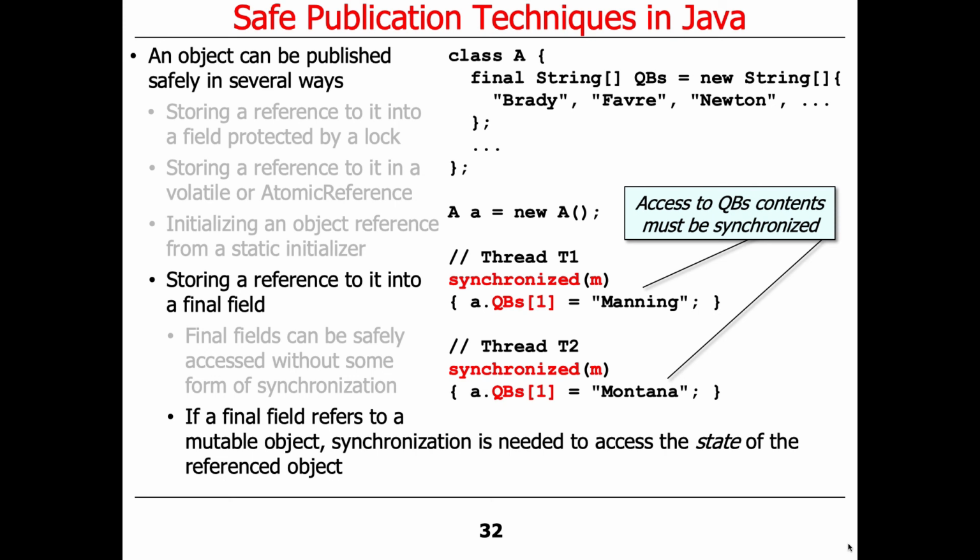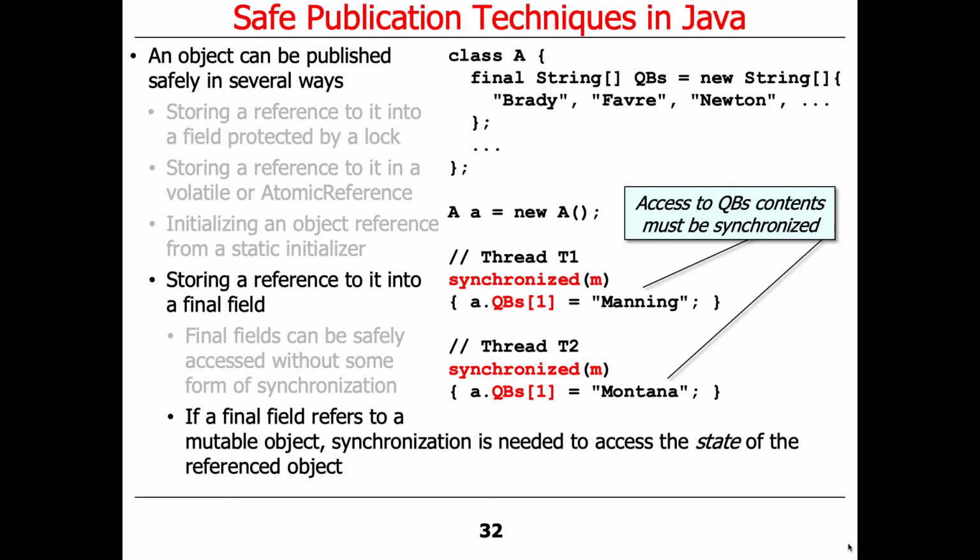Now, QB is final, which means that we can't change what QB references. However, QB sub1, QB sub 0, QB sub 2, those things can be changed. And therefore, if we're going to change them, we have to make sure that they're properly synchronized by whatever means is appropriate. So it could be a synchronized statement, as we show here.